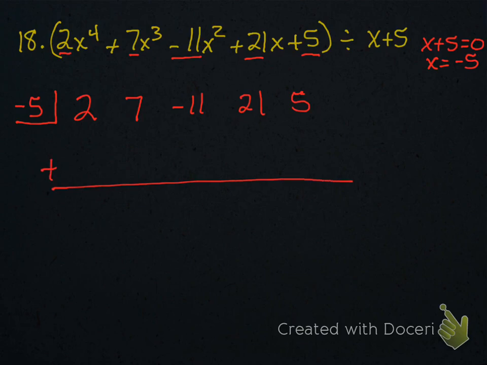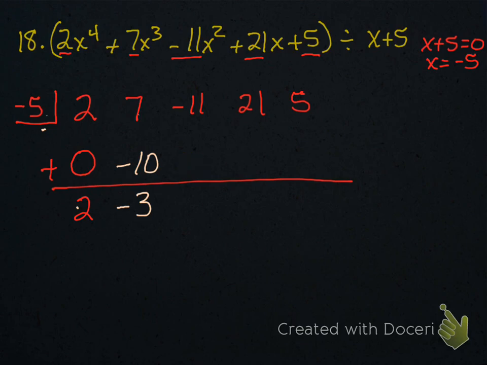Alrighty. Remember, I'm adding everything together. So we're going to start by putting a 0 on the first one, and I'm going to add those together. So 2 plus 0 is 2. Negative 5 times 2 is negative 10. 7 plus negative 10 is negative 3. Negative 5 times negative 3 is positive 15. Can't really see that very well.